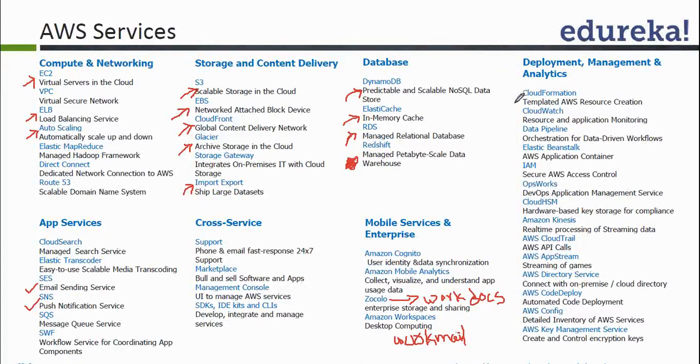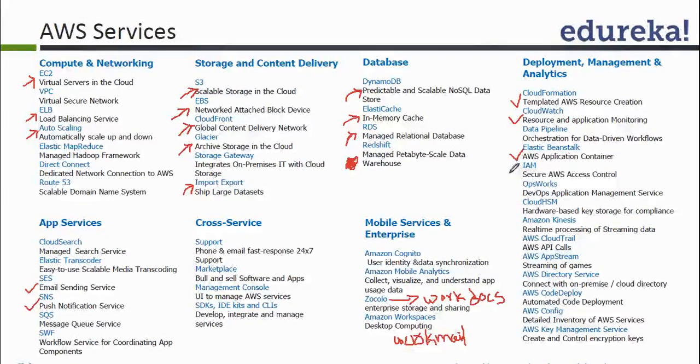CloudFormation is like template-based resource creation. This is more if you want to go for DevOps and the CI/CD model; CloudFormation would be helpful for you. CloudWatch is for monitoring all your resources. Whatever Amazon services you want to monitor, you can do that. Data Pipeline is for orchestration of services, where you want to run workflows or orchestrate certain services. Elastic Beanstalk is Amazon's own PaaS offering, which is in direct competition with Google App Engine.